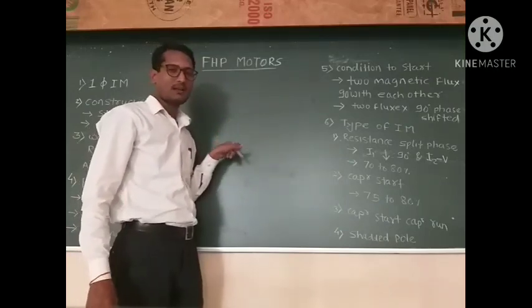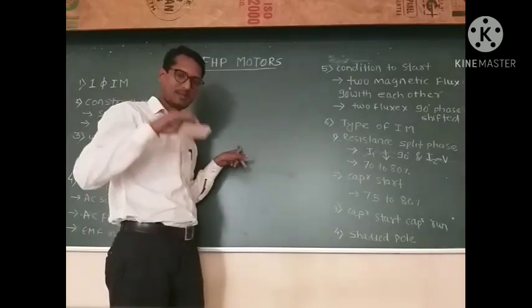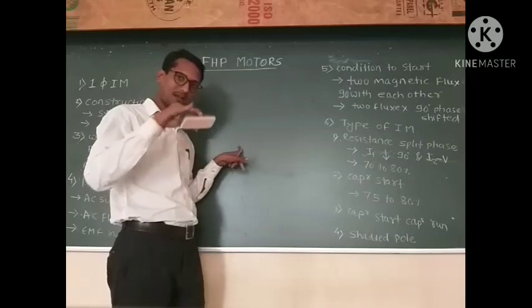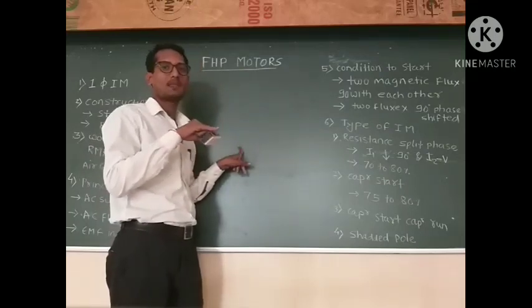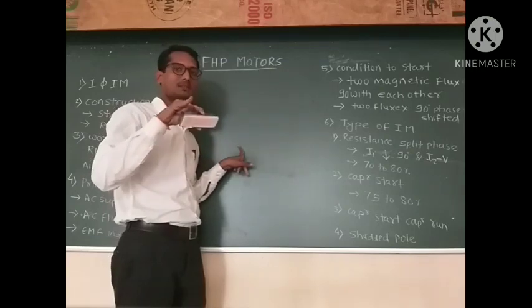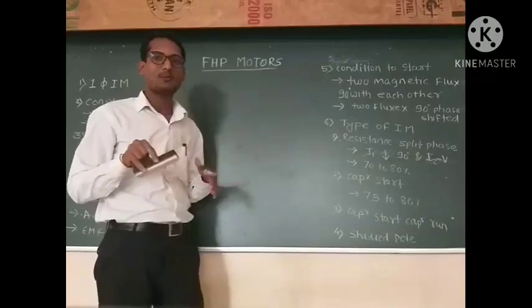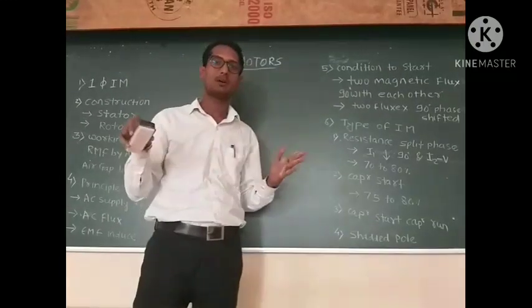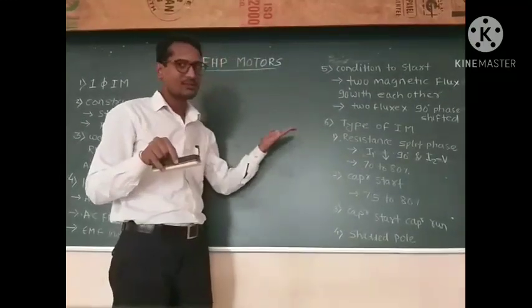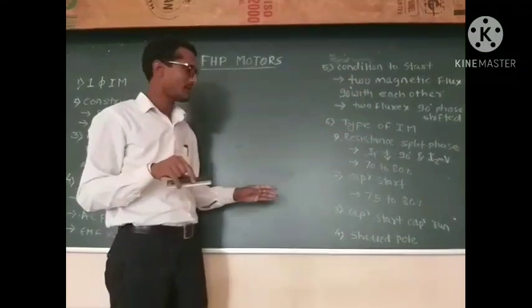So what are those modifications? The classification of the induction motor depends upon that modification. What type of modification we do? Means if we retain the winding by a resistance, the type of induction motor is a resistance split phase motor.